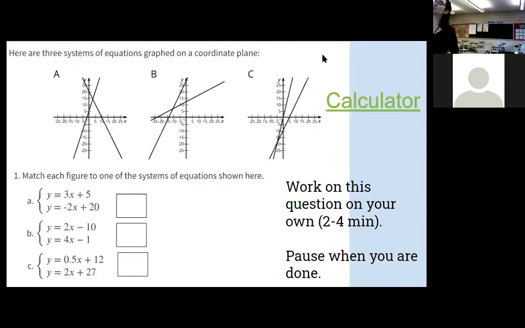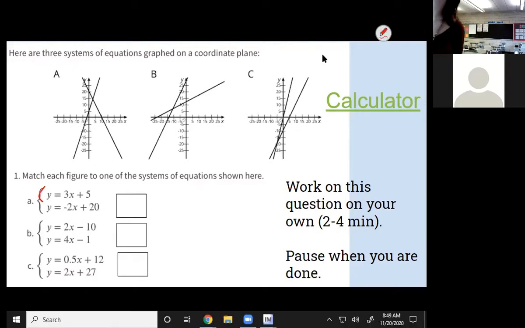Your job is to first match each figure to one of the systems of equations shown above. So we have these systems of equations over here, and now it's your job to match the graphs with the systems of equations. You're taking 1 minute right now to match the systems of equations with the graphs, okay?